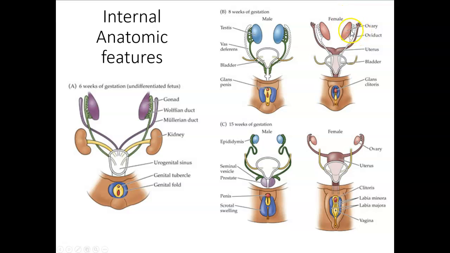And those Mullerian ducts will eventually wrap around up here. And where they come together here, that will become the uterus. And then those will become the uterine horns or fallopian tubes with the ovaries there. And then the genitalia on the outside will change a little bit. I'm going to go to the next slide.